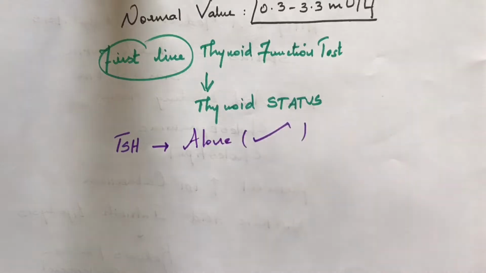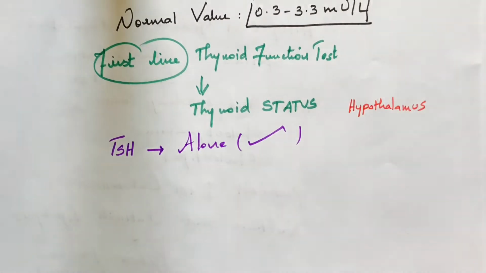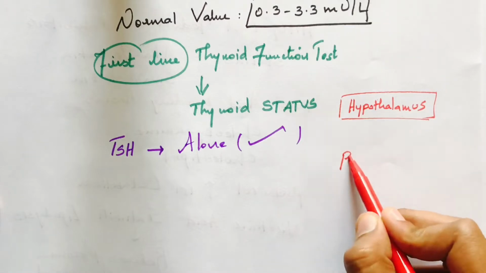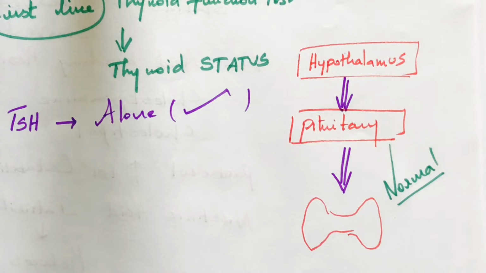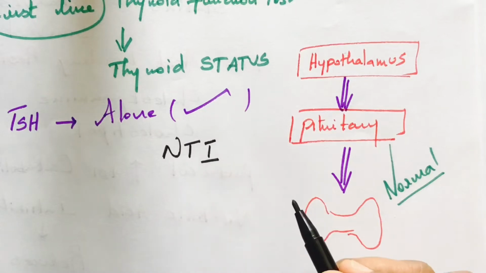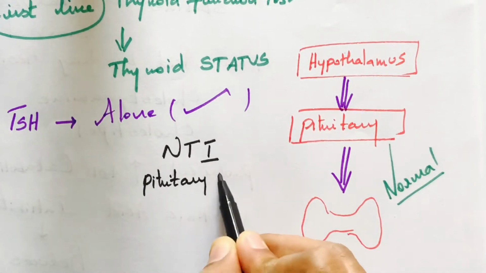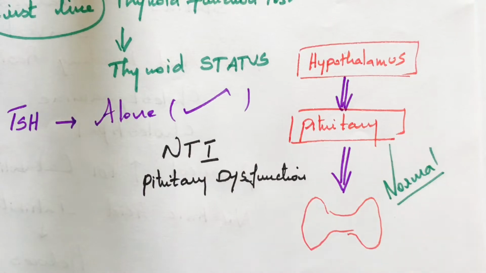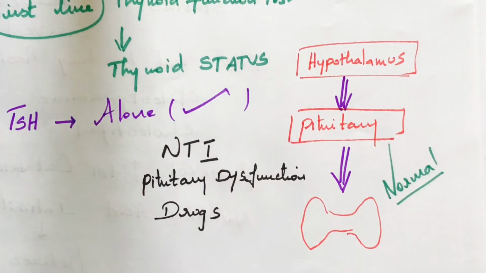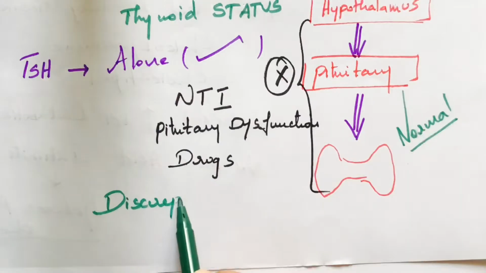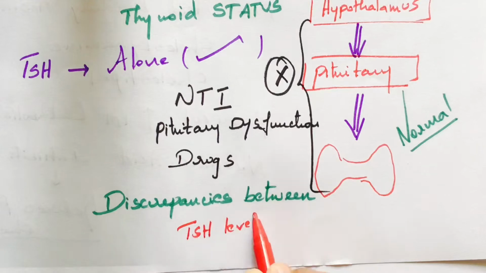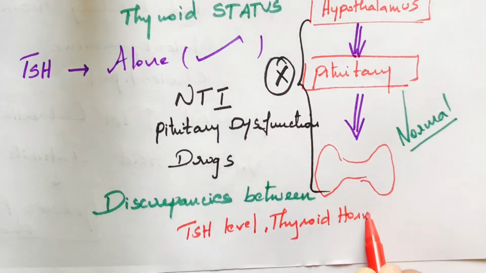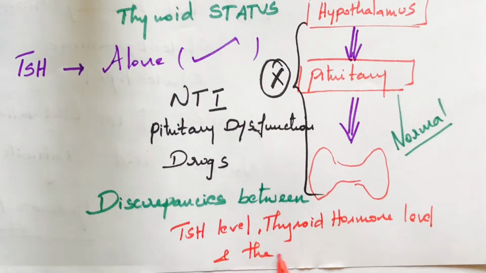TSH alone can only be used to assess thyroid status when the hypothalamus, pituitary, thyroid axis is stable. Conditions like non-thyroid illness, pituitary disease, and some other various medications can affect this axis and cause discrepancies between thyroid stimulating hormone levels, thyroid hormone levels, and the clinical state of the patient.